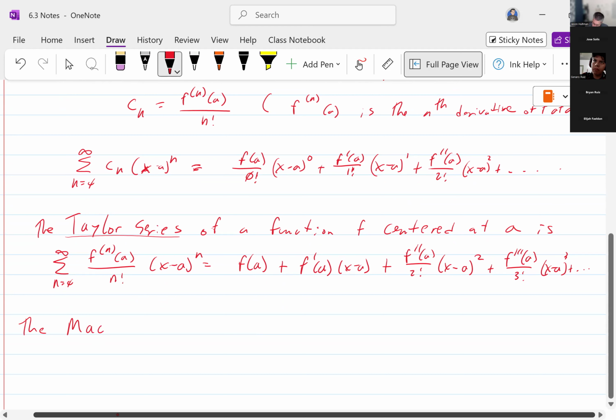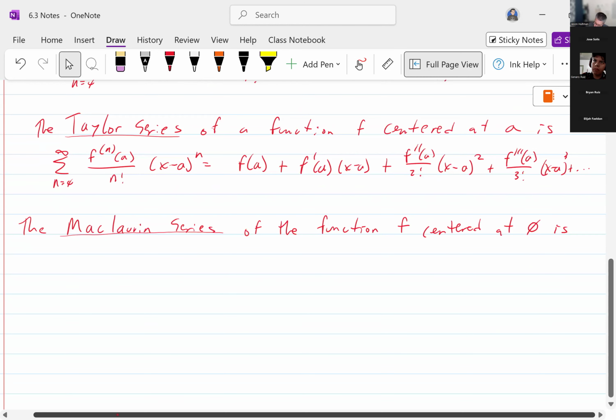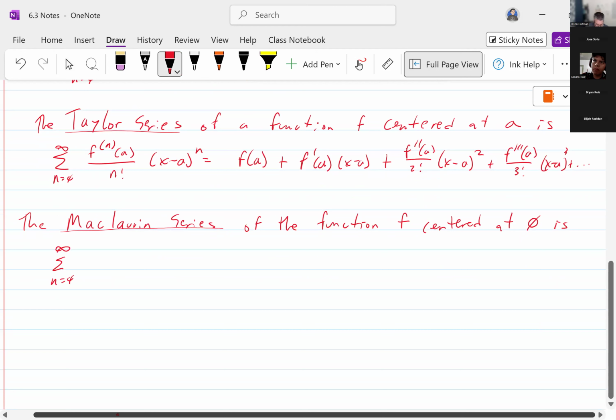So the Maclaurin series of the function f, a little easier to work with, centered at 0, is the summation n equals 0 to infinity of the nth derivative evaluated at 0 over n factorial times x to the nth power.